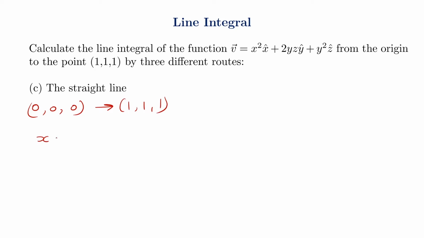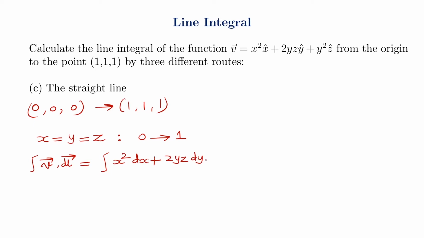In this case, x is equal to y is equal to z, and these three values change from 0 to 1. And in this case, integral v dot dl is equal to integral x square dx plus 2yz dy plus y square dz, and this is equal to integral 0 to 1 x square dx plus 2x square dy, since x, y and z are equal, plus x square dx.